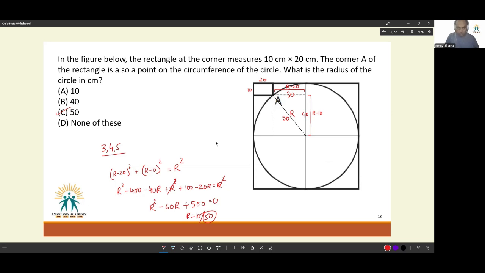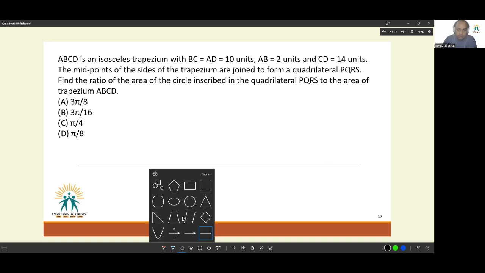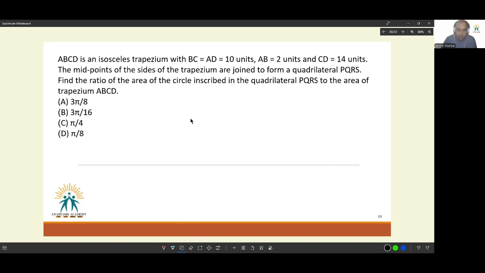Okay. Moving on. Next, ABCD is an isosceles trapezium. AB is 2 units. CD is 14 units.